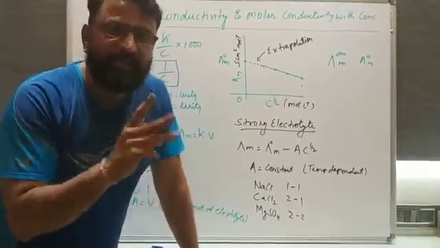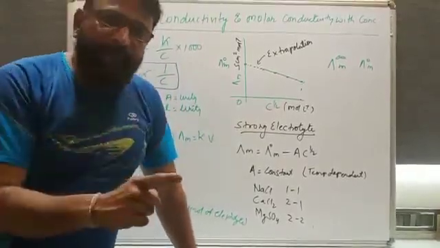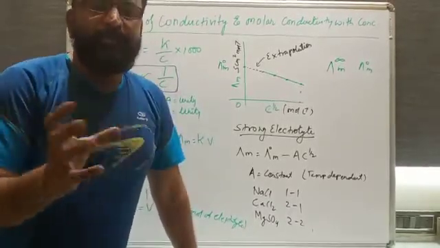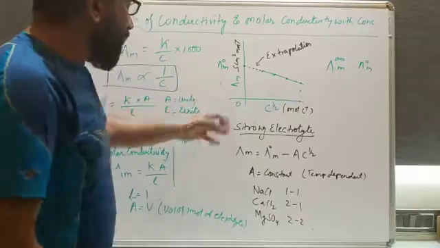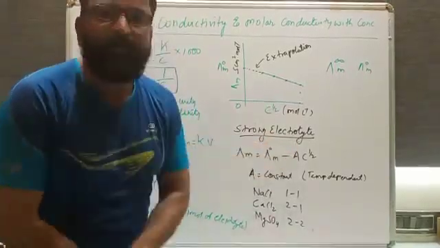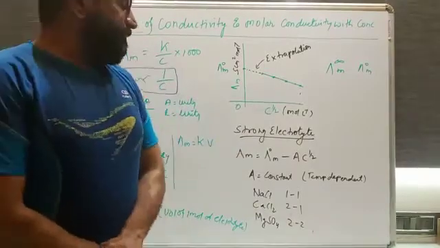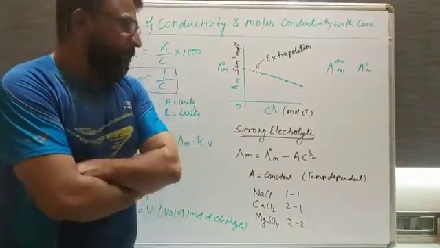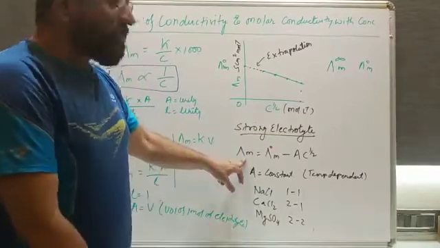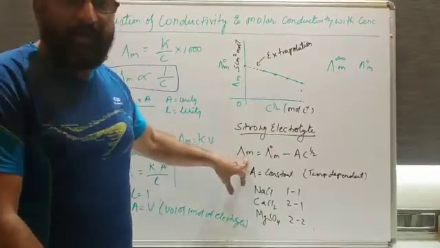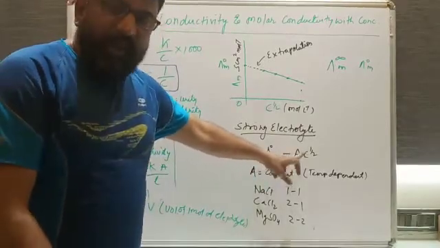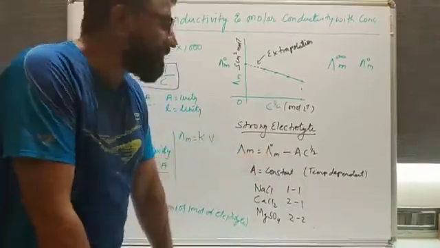So there are three things: kappa, Λm, Λ°m. Is it clear, student? Then what is the relationship between them? How will you obtain the relationship between Λm and Λ°m? You know this is for a strong electrolyte: Λm = Λ°m - A√C, where C is the concentration.